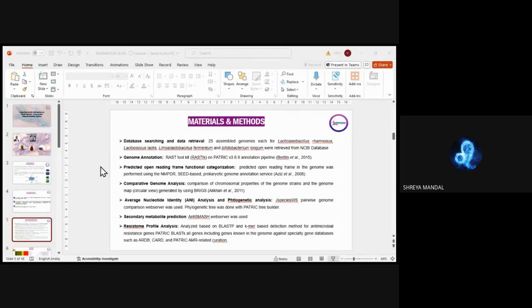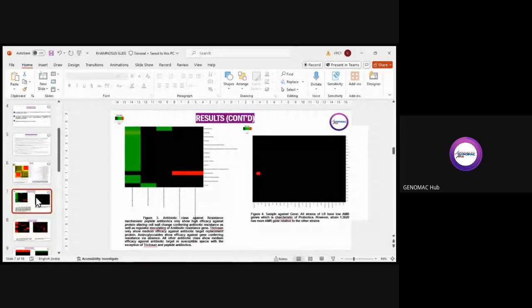In this heat map, we have tried the antibiotic class against the resistance mechanism. Sorry, your slide is not moving. Please put it on full screen. Yes, sir, it is on full screen mode. You are not on full screen. Can you stop sharing and share again, but this time pick the entire screen?